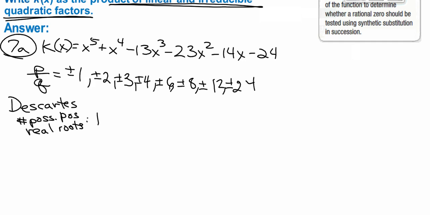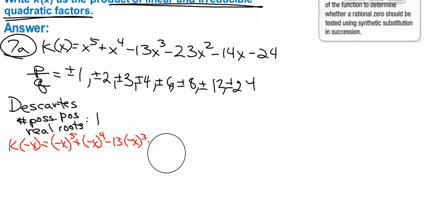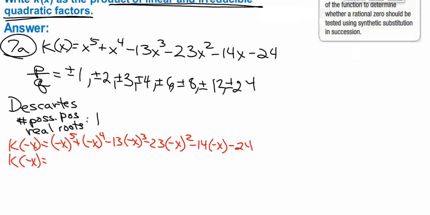And then for k of negative x is negative x in parentheses to the 5th plus negative x in parentheses to the 4th minus 13 times negative x to the 3rd minus 23 times negative x squared minus 14 times negative x minus 24. And so k of negative x: negative to the 5th is negative.